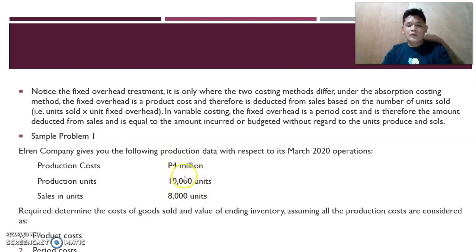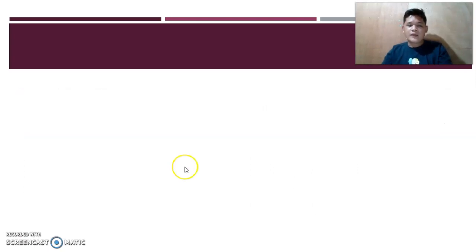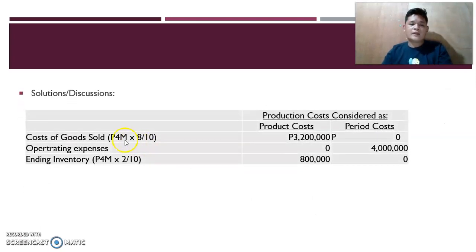So, ibig sabihin, yung cost of goods sold mo or yung gastos mo ng nabenta, magkano ang cost ng 8,000? So, 8 divided by 10 times 4 million. Kaya ito yung naging formula natin. Is equals to 3,200,000. That is the product cost. Hindi siya magiging period costs.